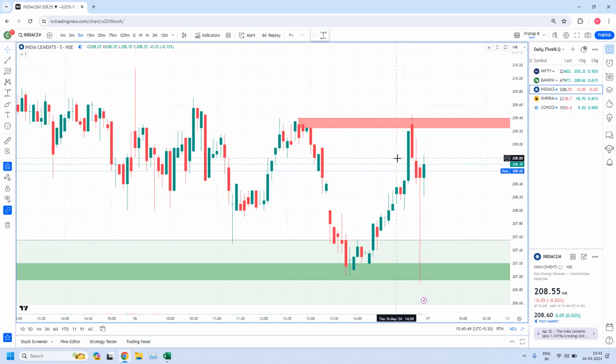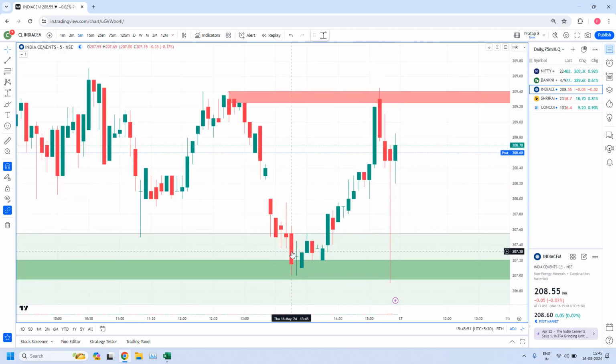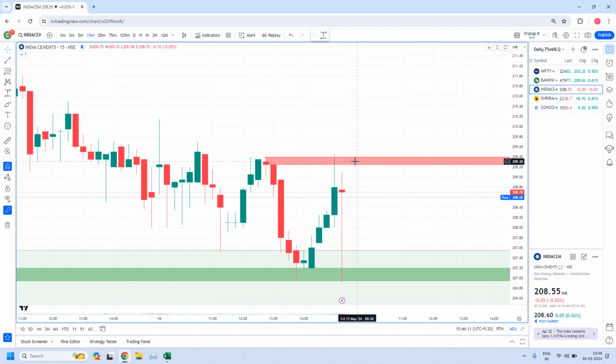See what happened today. The prices entered into this area at the 1:45 candle. And after that the prices moved up and finally reached the 15 minutes target. This is the 15 minutes target.